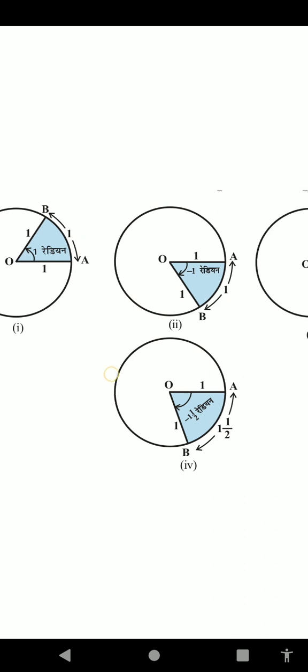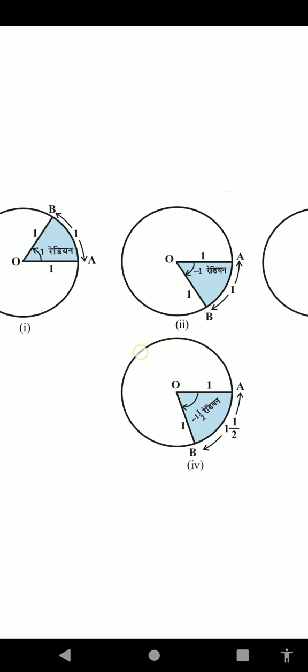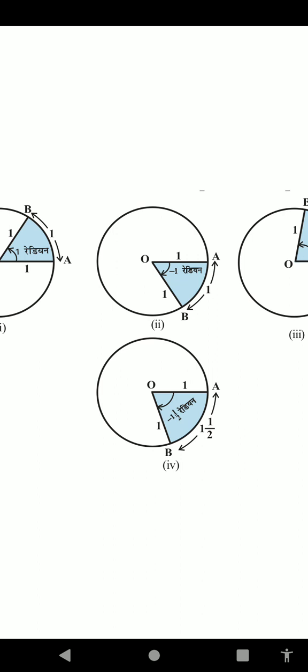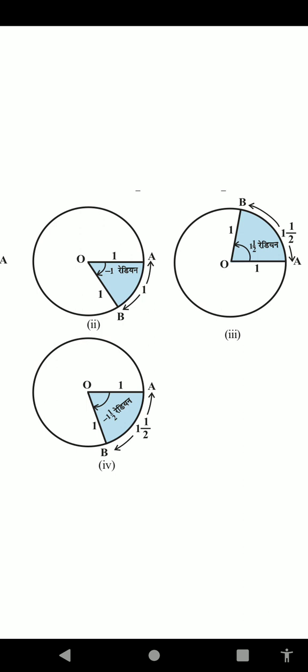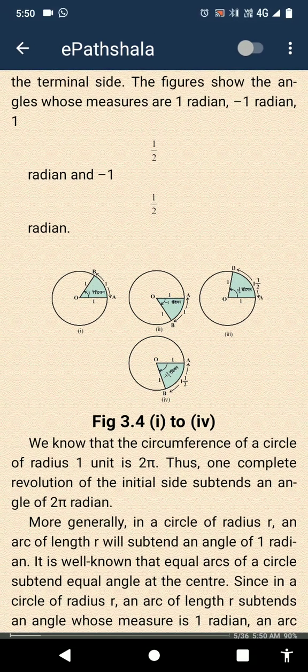So if I am saying 1 radian, and we are taking radius as 1 unit, we can say that 1 radian is equal to 1 unit of arc, and 2 radian means 2 units of arc. Similarly, if we are saying the radian of a whole circle, it will be 2 pi radian. Why? Because your entire arc is 2 pi.